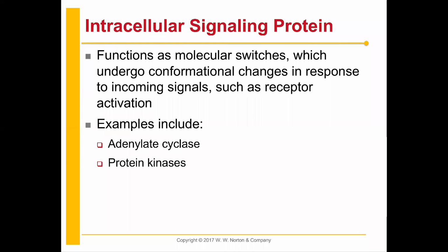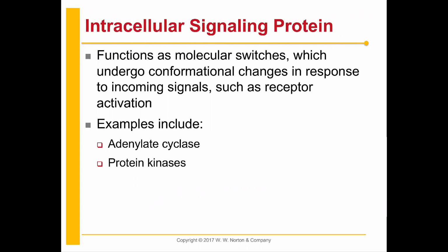And so how do we do that? We do that through intracellular signaling proteins. So here are our molecular switches. When we bind a ligand or something like that, it's going to activate our receptor, and that activation is due to a conformational change in the protein.